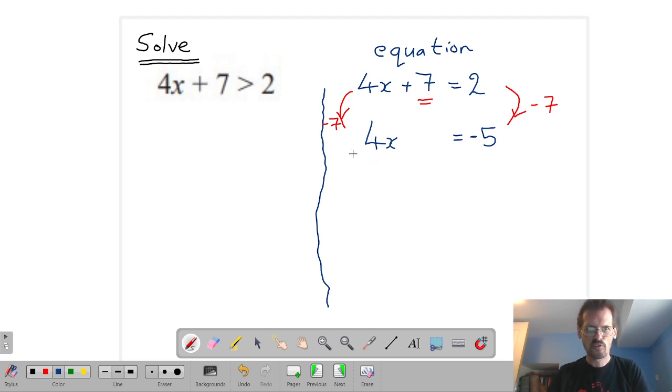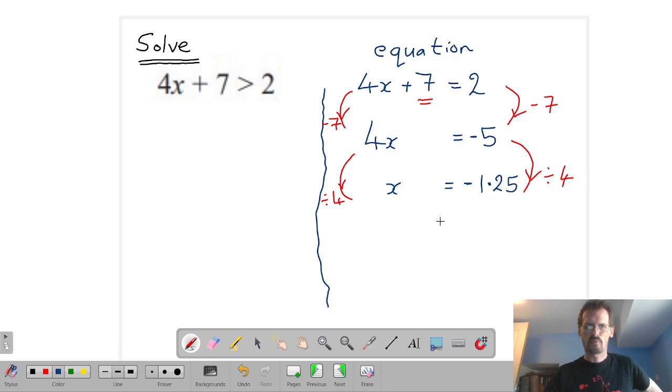Now we want x by itself. Here we've got 4 times x, so the opposite of timesing by 4 is to divide by 4. So just divide by 4 on this side, and that will leave us with x all by himself. Negative 5 divided by 4 is negative 1.25 or negative 1 1/4, depending on if you like fractions or decimals.